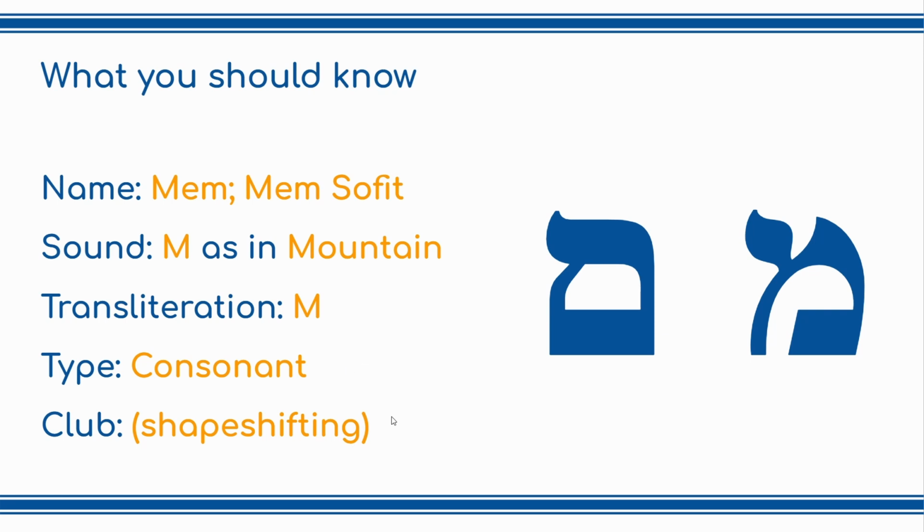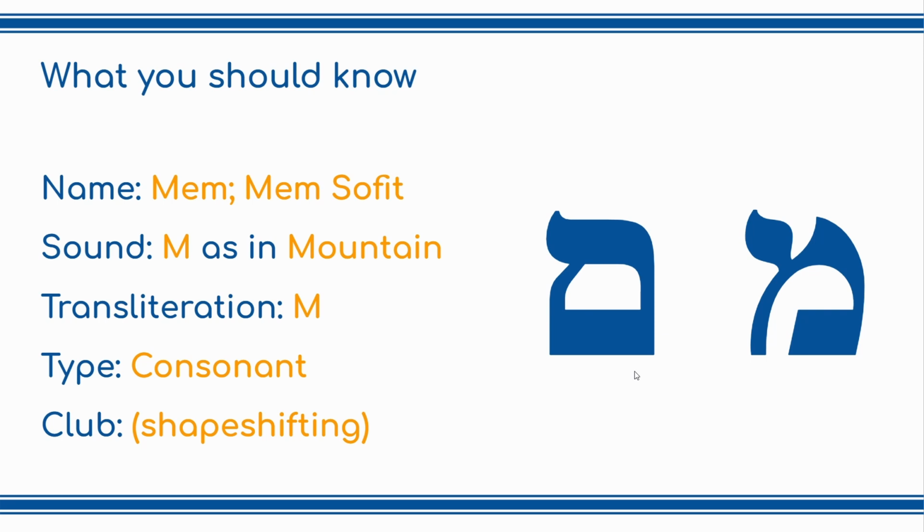And this is not an official class for the letters. Remember how I said there's the guttural letters, then the begad kefat letters, which are certain classes of letters. This is not an official class. You can tell by the word, it's in brackets also. I made this up. I call it the shape-shifting club because chaf and mem change their form at the end of a word.